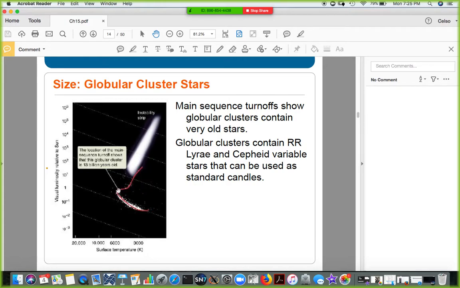At this turn-off point, physicists and astronomers can calculate how long it would take a star of a mass corresponding to this point to finally leave the main sequence.